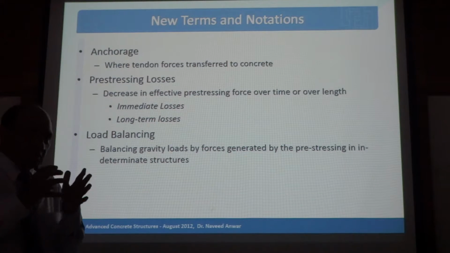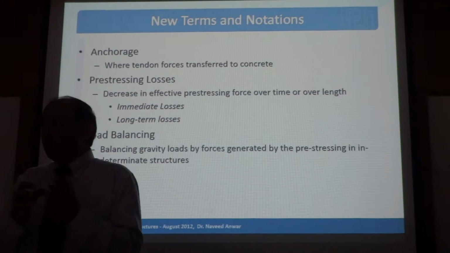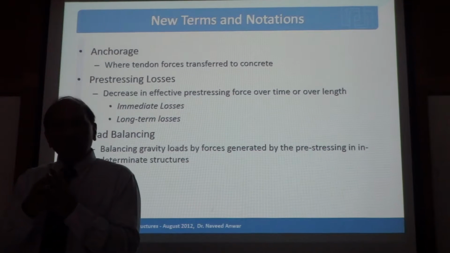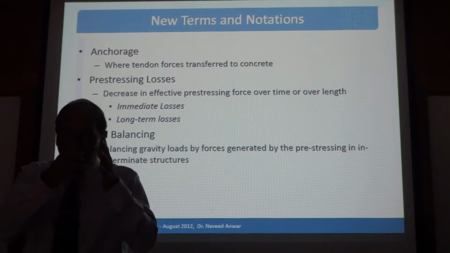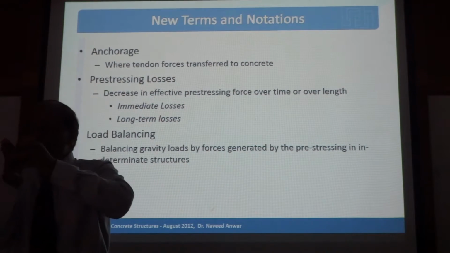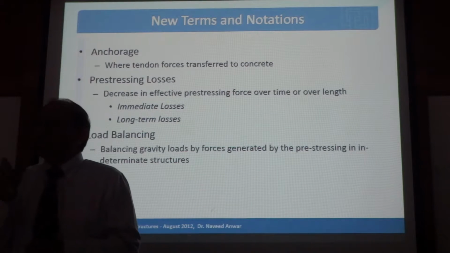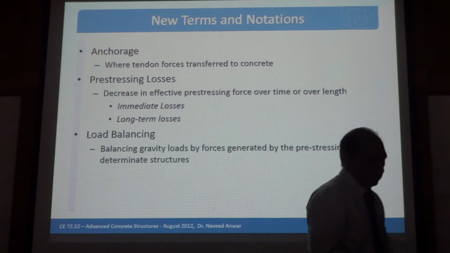But every anchor has a small slip before it locks, and some force is lost during that anchorage process, because when you stretch it and want to lock it, you release it, it locks, but it slips a little bit, and that loses some of the force. So that is called an anchorage loss.